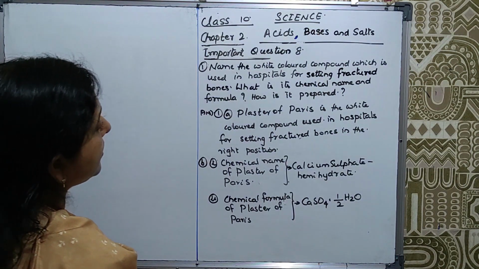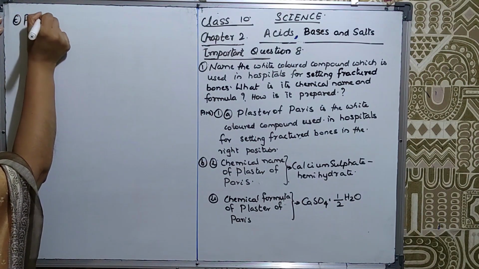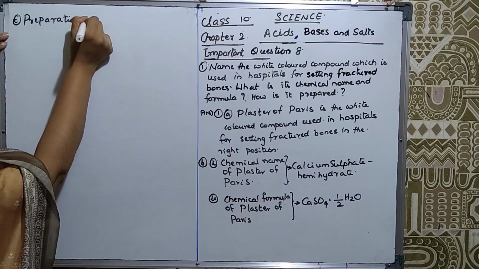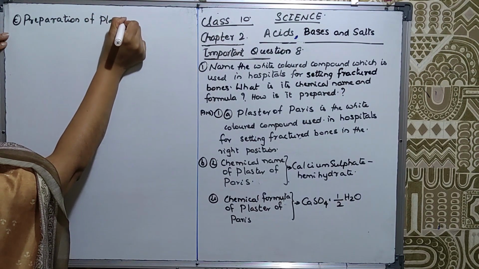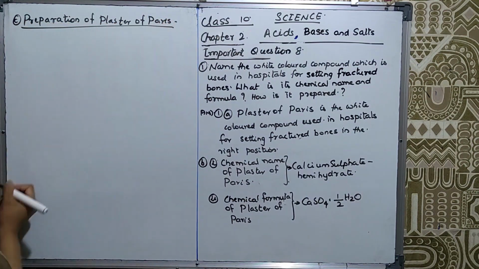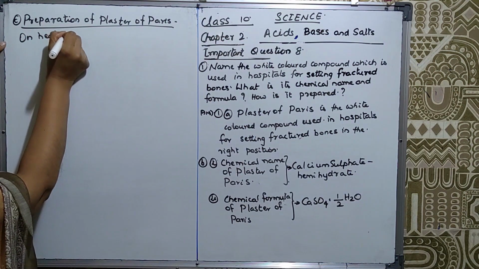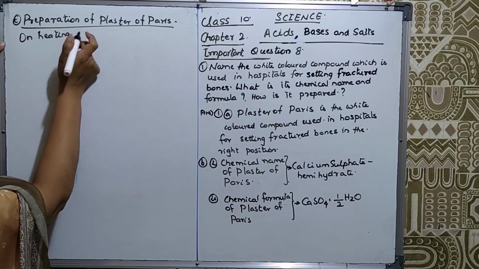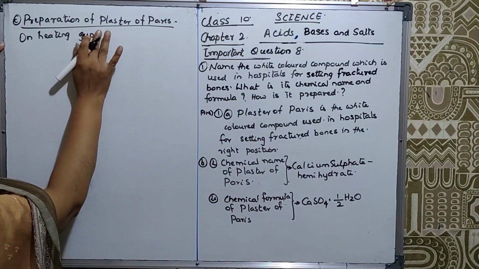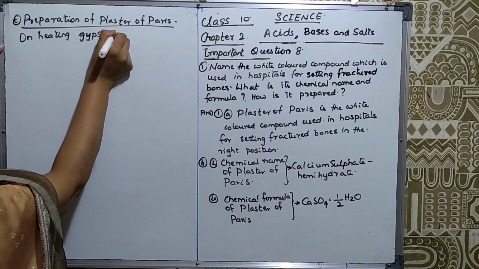Now how is it prepared? We are writing the preparation of plaster of Paris. So on heating gypsum at 373 Kelvin, you can remember the temperature, that is the boiling point of water only.